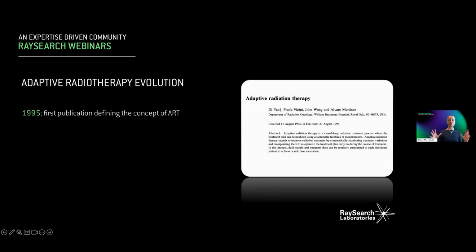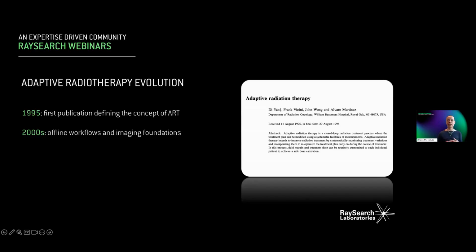It all started with a very well-known paper, published in 1995, that described the first concept of adaptive radiotherapy. Then in the 2000s, this is where offline workflows and the imaging foundation started to build.